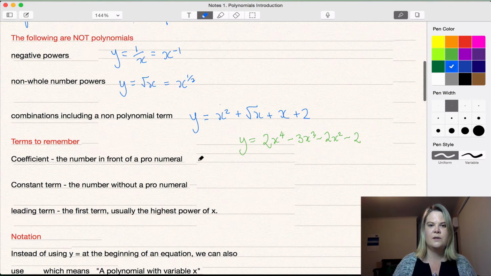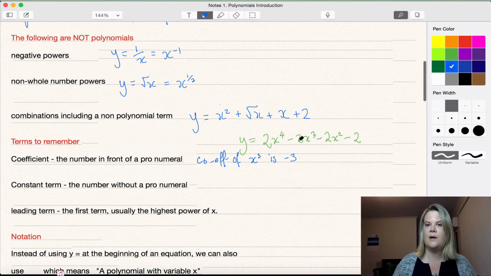The coefficient of x cubed is -3. You need to keep the sign with the number that it goes directly after. The coefficient of x to the 4 is 2. Constant term is a number without a pronumeral. In this example, it's -2.